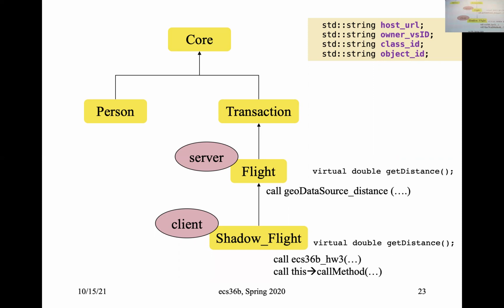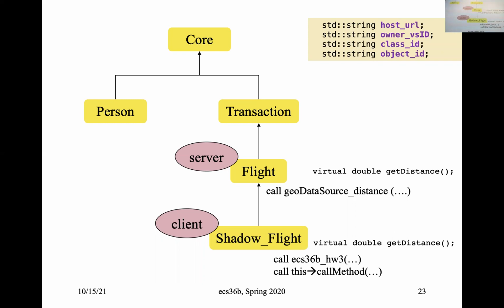I have core to the transaction to the fly, and the fly has a derived class called shadow fly. And we have a virtual function called get distance. So both shadow fly and fly have that virtual function.